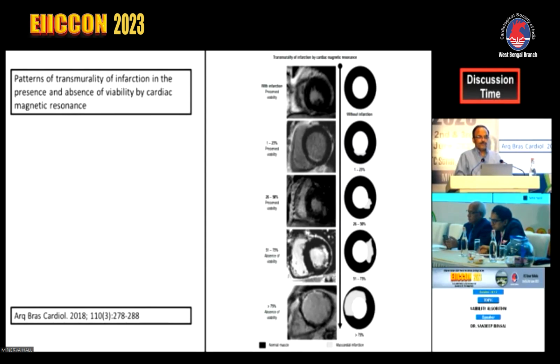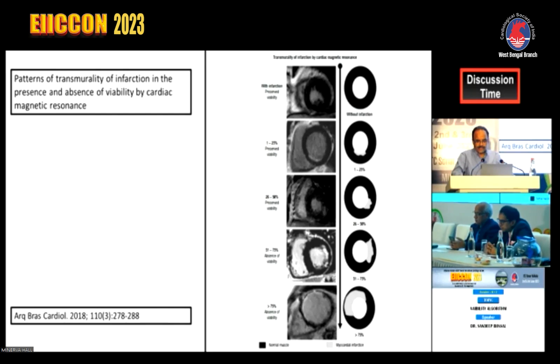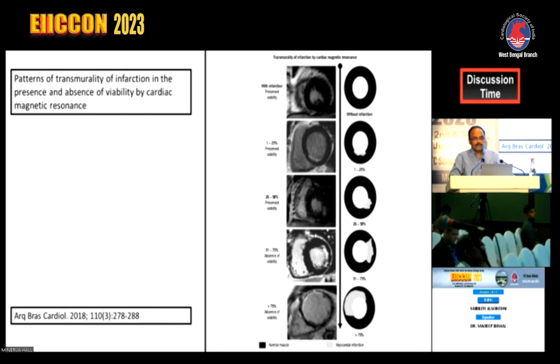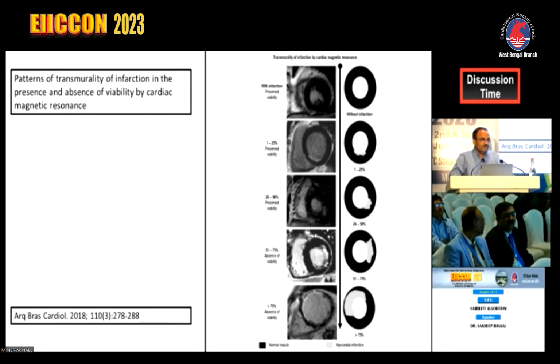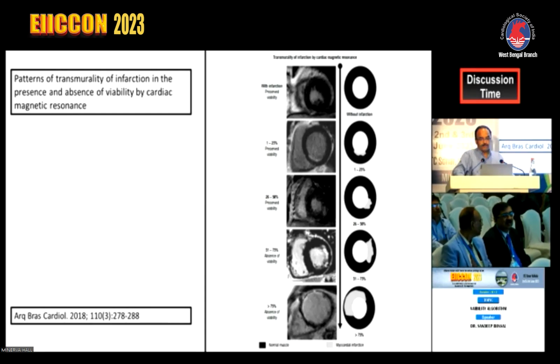So you can have scar present typically in 1 to 25% of the cases. On the second part of the cartoon, it can be 25 to 50%, or it can be more than 50 to 75%, or more than 75%.